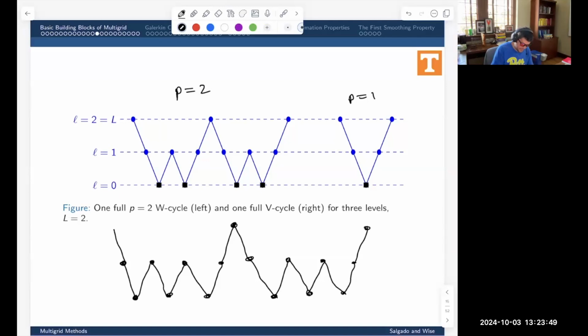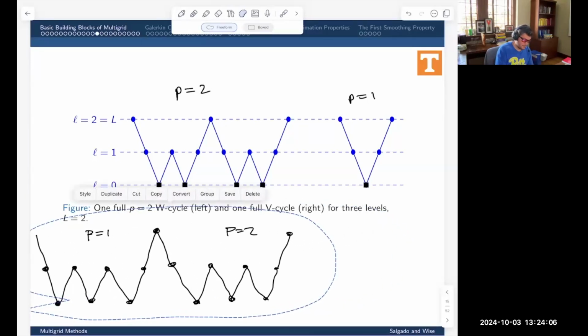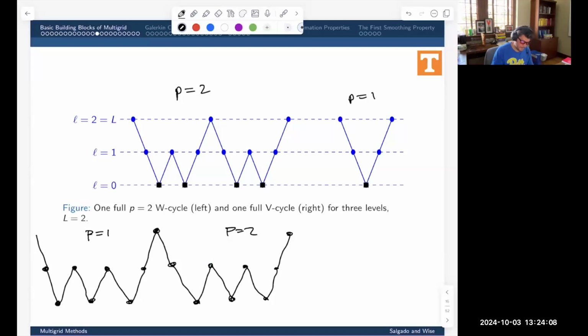Okay, so that's P equals 1, P equals 2 on the finest level, and we've got to execute one more of these guys to complete. So I need some more room here. All right.